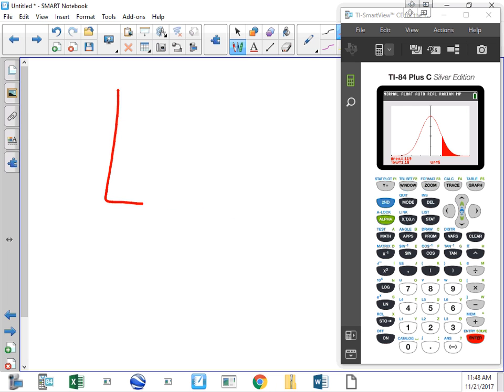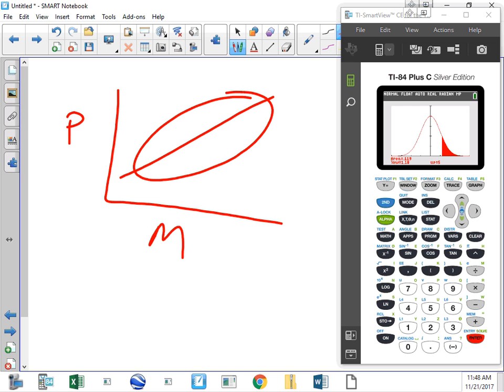So, math, physics, regression line, football. This point is 60-60. Right? 60 down here and 60 over here. If we look at the students who scored 75 on the math test.